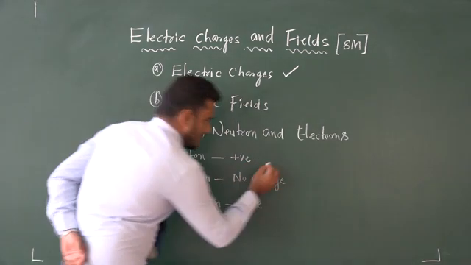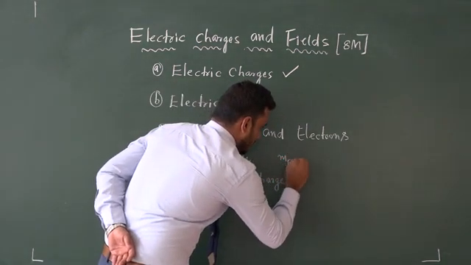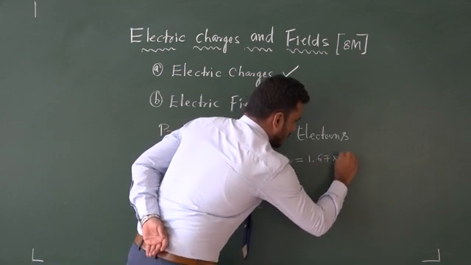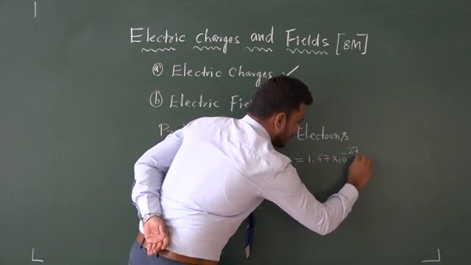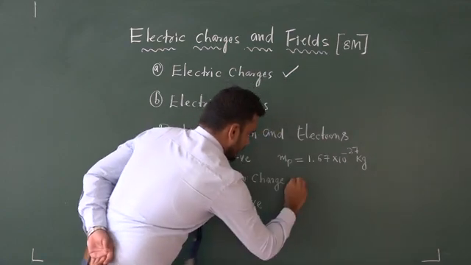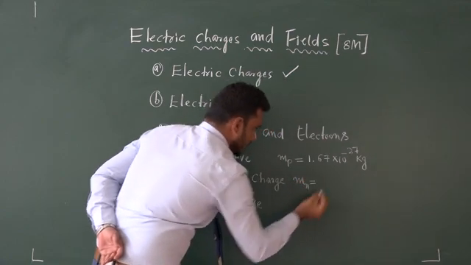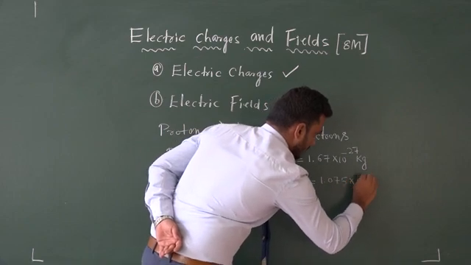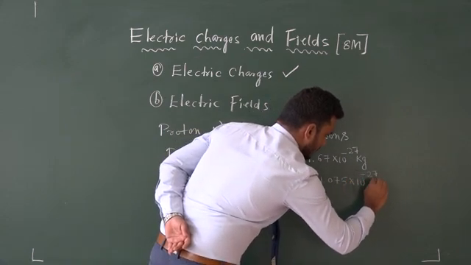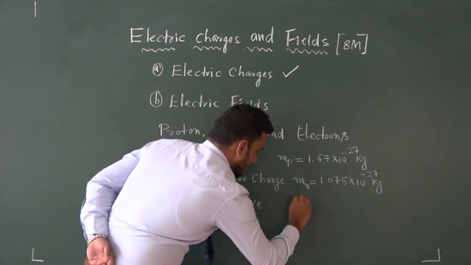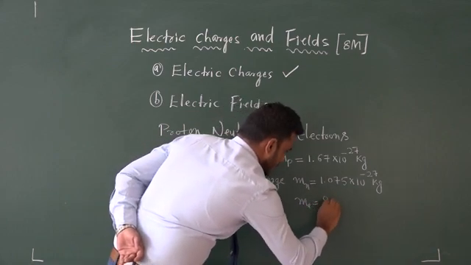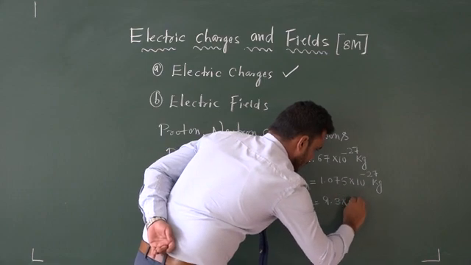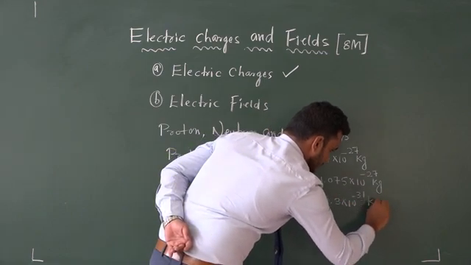Even they have mass. Mass of proton is 1.67 into 10 to the power of minus 27 kg. Then mass of neutron is 1.675 into 10 to the power of minus 27 kg. And mass of electron is 9.1 into 10 to the power of minus 31 kg.